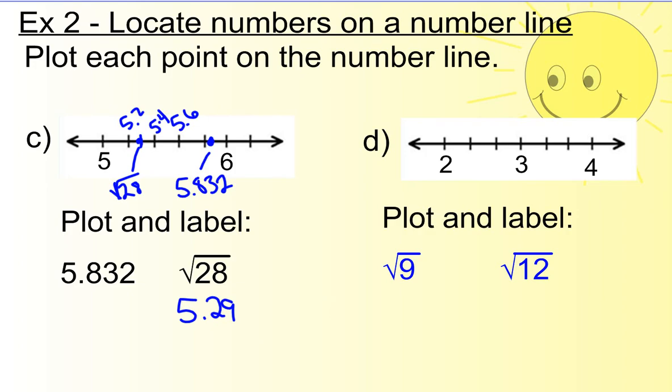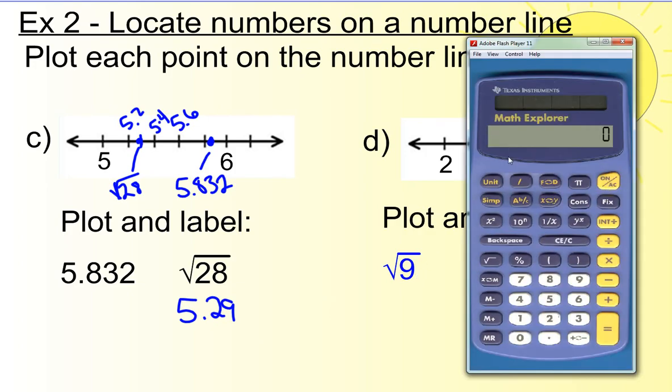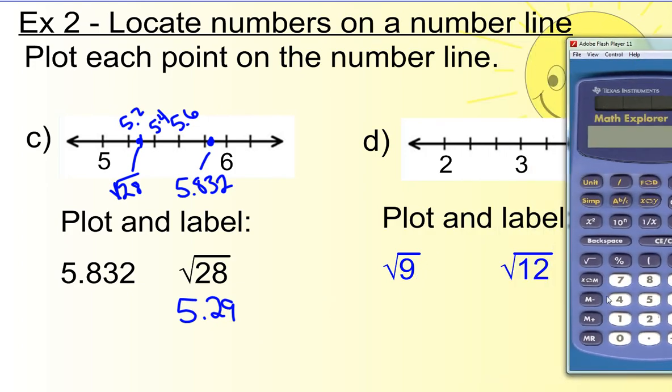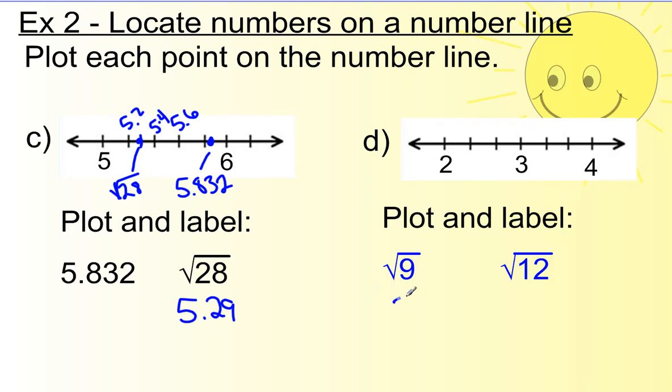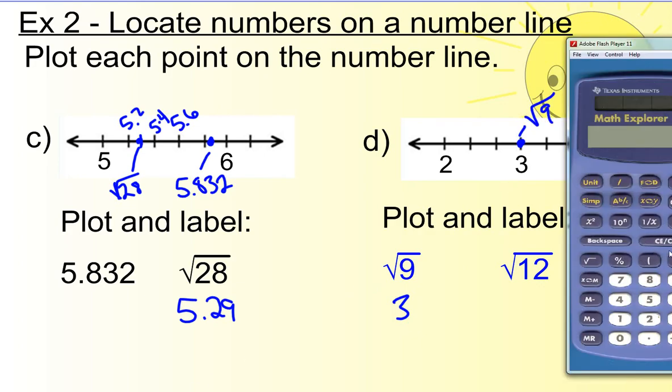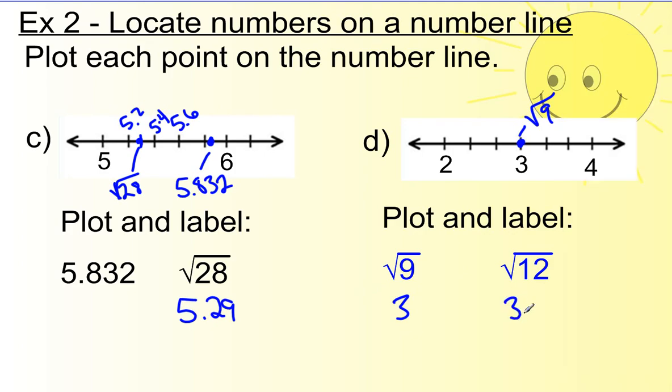Okay. So first thing I'm going to do is I'm going to change both this square root of 9 and square root of 12 to decimals. So square root of 9 is 3. Well, that one's easy. That's right there. That is the square root of 9. Okay? Square root of 12 is 3.46.